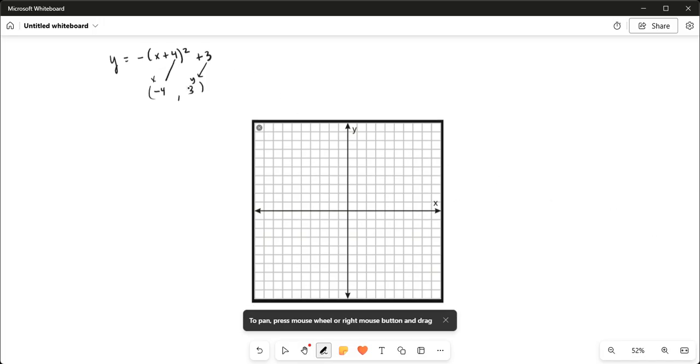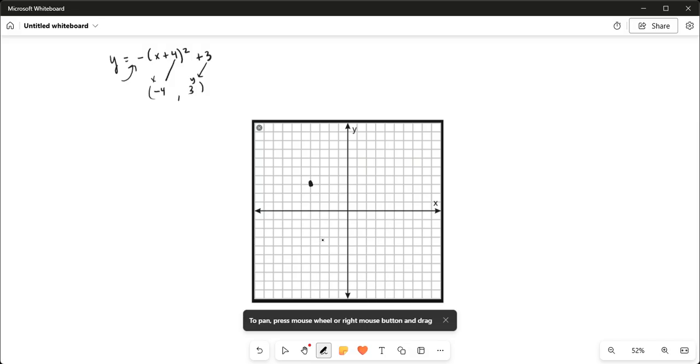So we know that we can graph -4. So -4 to the right, 1, 2, 3, 4, and 3 up, 1, 2, 3. And that's going to be the vertex of our parabola. This one's opening downward because it's got a negative, right?